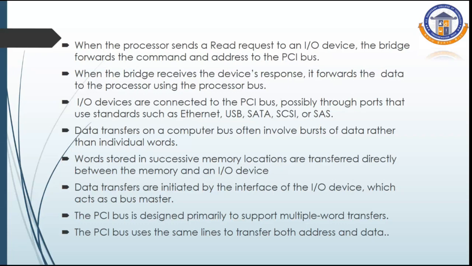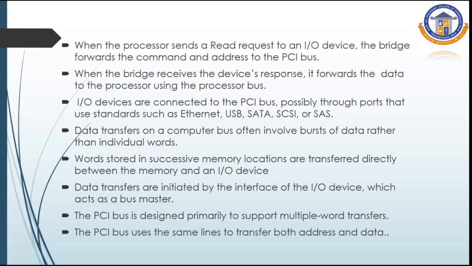A read command is for fetching the data from the input device, and a write command is for writing the data, that is, displaying the data on the output device. That command and the address, which specifies which particular I/O device we are going to use, go to the PCI bus. Okay, so the processor makes a request to the bridge, and the bridge will send it to the I/O devices connected to it.